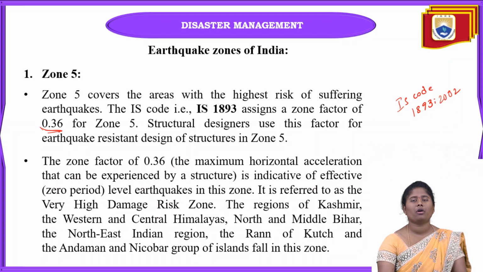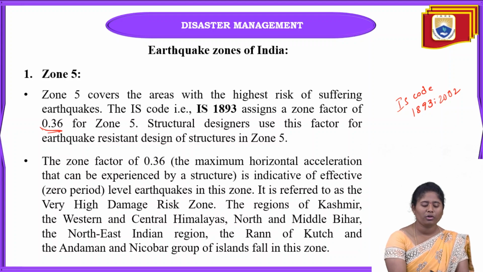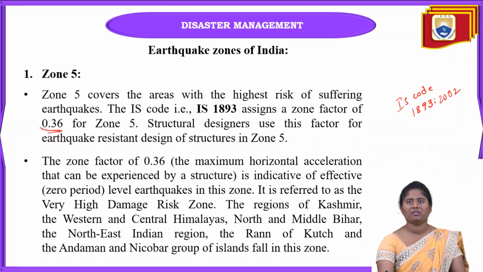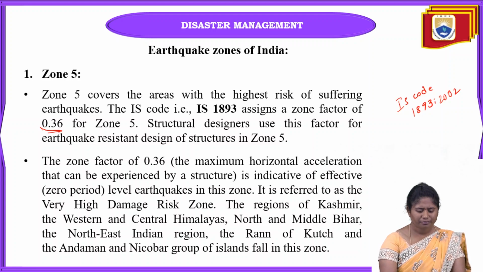They take this 0.36 zone factor, and only then do they calculate the design and analysis of any type of building. Mainly, this zone factor is the indication of the effective level of earthquakes in this zone.